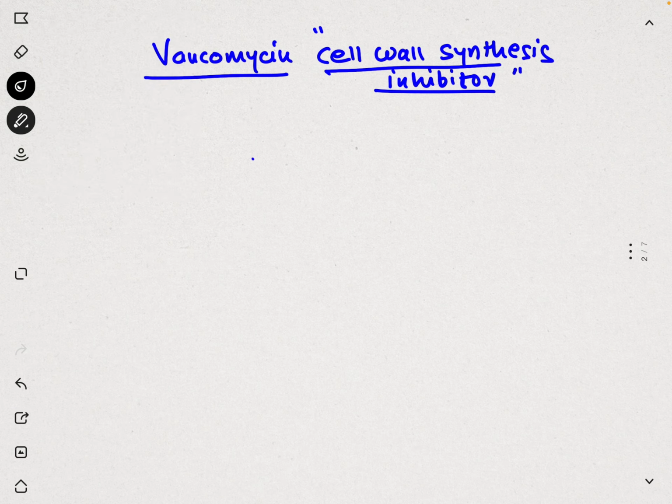So the vancomycin target is these two amino acid molecules known as D-alanine, and they're joined together.